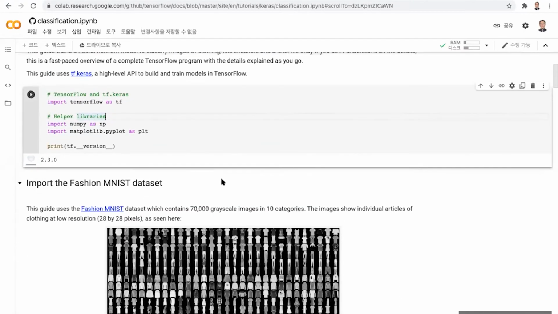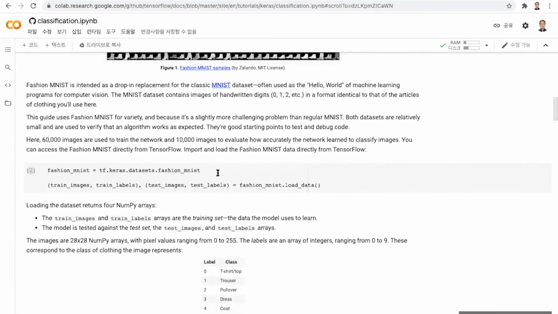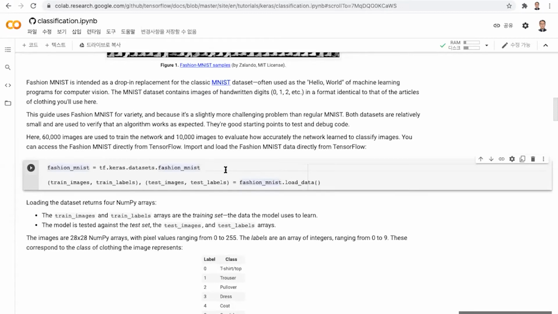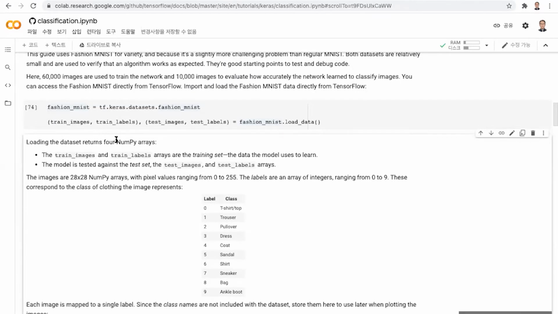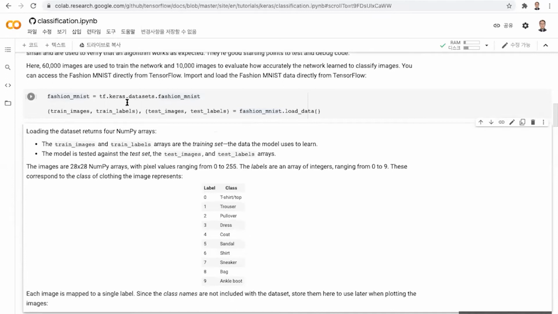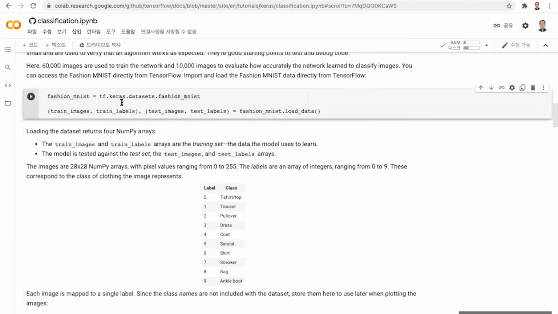So I import the libraries and then also import the dataset. That's just the way we import the dataset. Let me see what's inside.